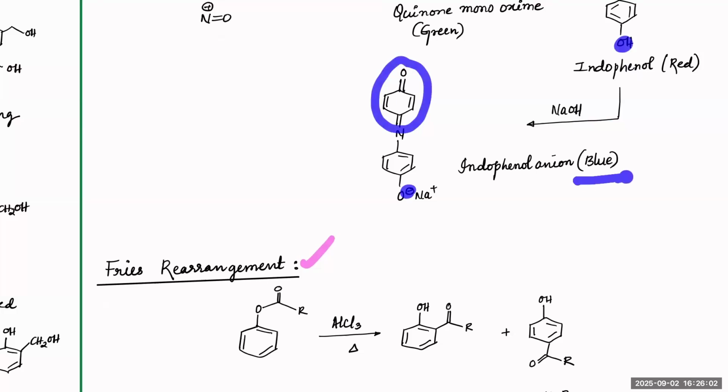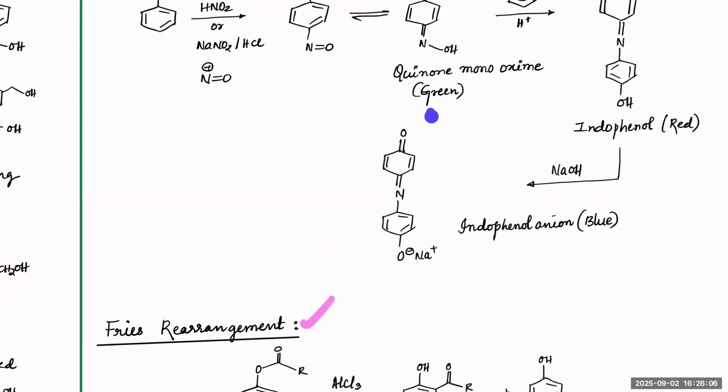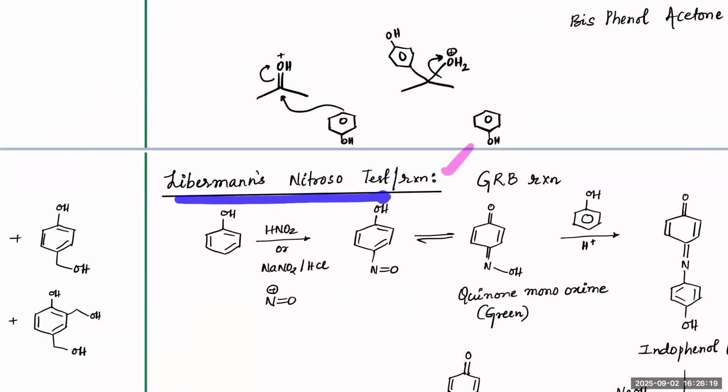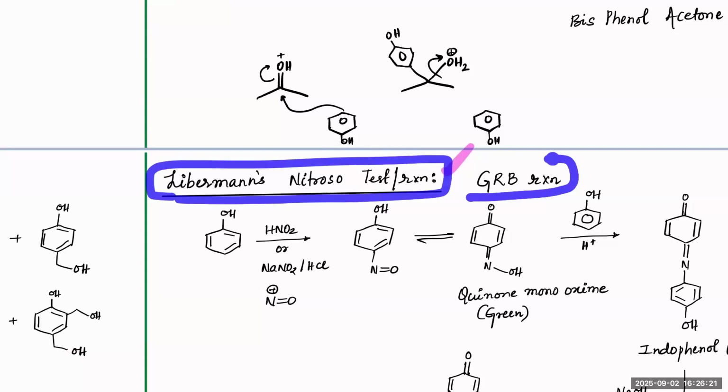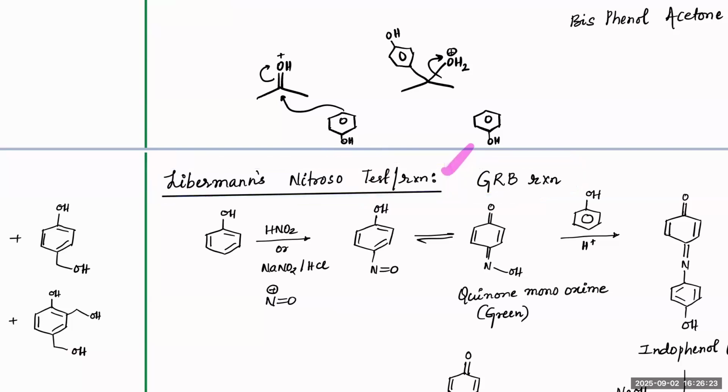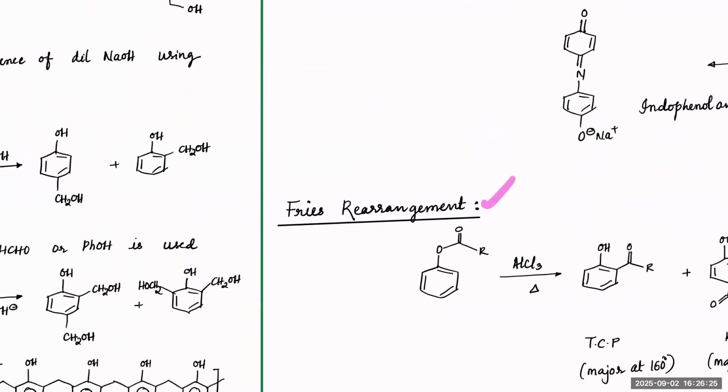Now this time the color is blue, correct? So this is called green, red, and blue color formation. GRB. Okay, GRB publication books. You can remember it that way. So Lieberman nitroso test is about the GRB test. Okay, right. Next.